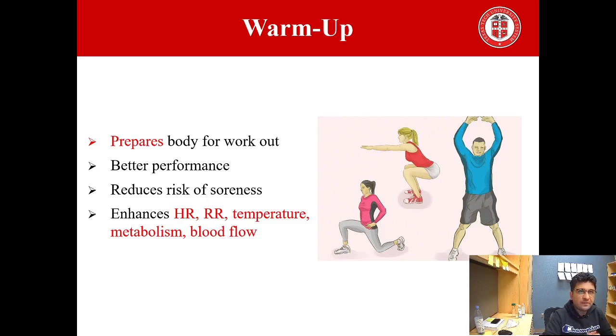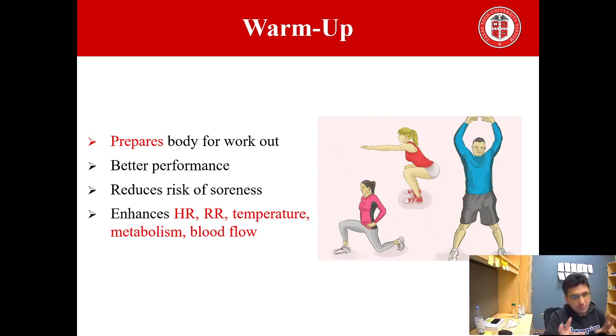Once we do different sorts of warm-ups, it increases our heart rate so that our heart can pump more blood. It increases our respiratory rate so that more and more oxygen is there in the blood to supply the increasing demand of oxygen for our muscles. It also increases our body temperature so that the muscles are already laden with blood, and that is done by increasing the blood flow.